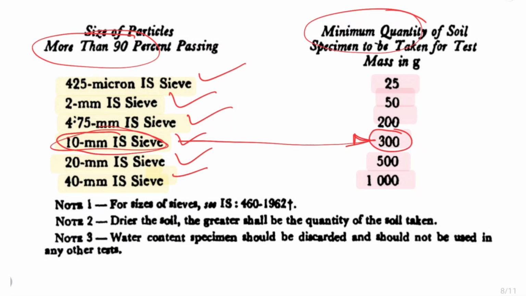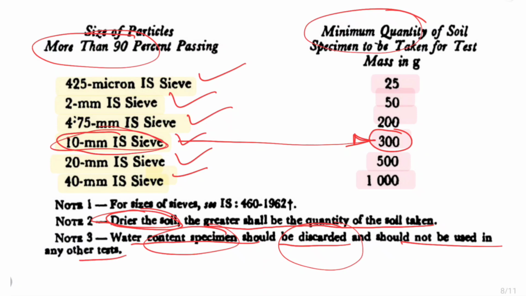There is a thumb rule that if the soil sample is drier, then a greater quantity is required to calculate its moisture content. The soil sample which is used to calculate the water content should be discarded and should not be used for any other test.